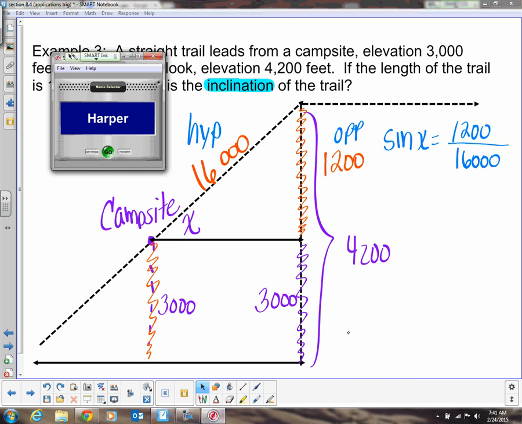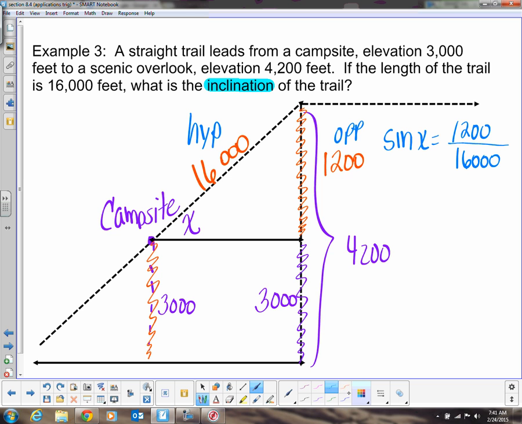All right, how do we go about solving this? Because now the angle's unknown, Harper. Multiply by 16,000. We got to get the angle away from sine. So we can't use the sine button on our calculator because we don't know the angle. Sine what? Oh, sine inverse. So we're going to sine inverse both sides.